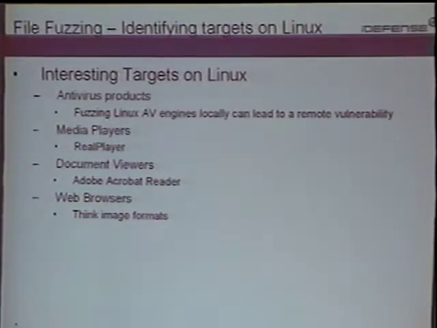And I found them particularly interesting because you can actually use one of our fuzzers locally and hammer away at it, and if you find a vulnerability, you can bet not only that it's possible that all deployed versions of that engine, including the Windows versions or whatever other versions are available, will be vulnerable, but also that it could actually be a remote vulnerability if it's the same engine that they use for their gateway scanning. If they have that sitting out there filtering email, then you're able to trigger that remotely.